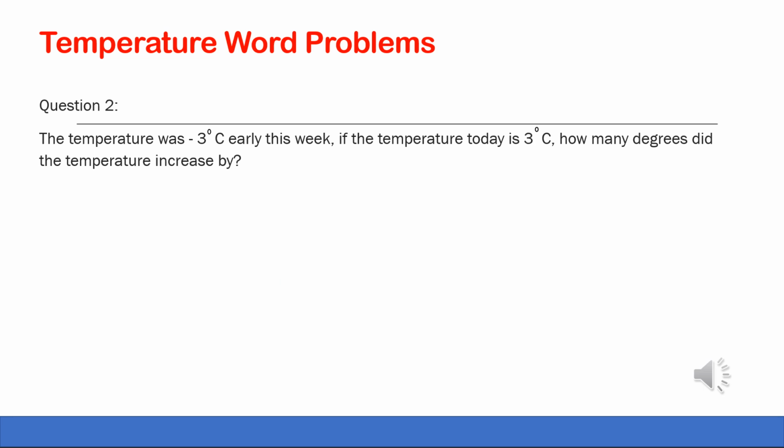Let's look at another question. Question number 2. The temperature was -3 degrees Celsius early this week. If the temperature today is 3 degrees Celsius, how many degrees did the temperature increase by? Applying the equation that we know, the temperature increased by equals new temperature take away old temperature.